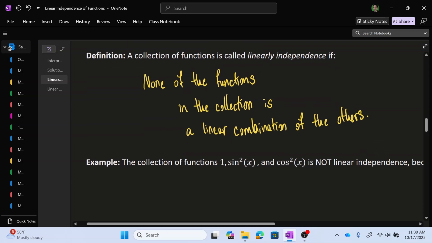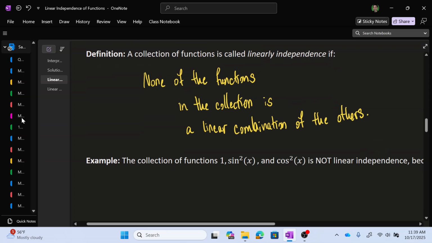A collection of functions is called linearly independent if none of the functions in the collection is a linear combination of the other functions in the collection.